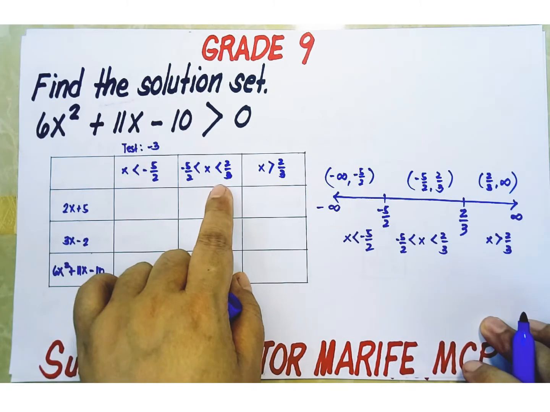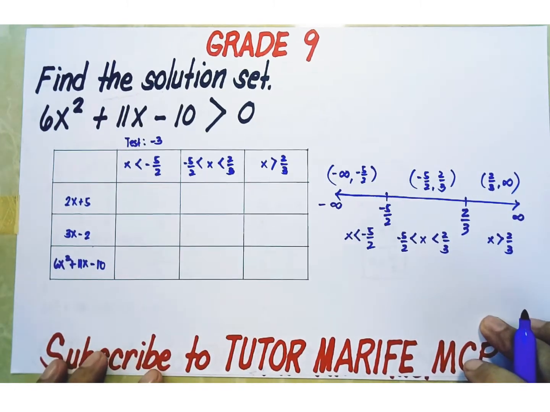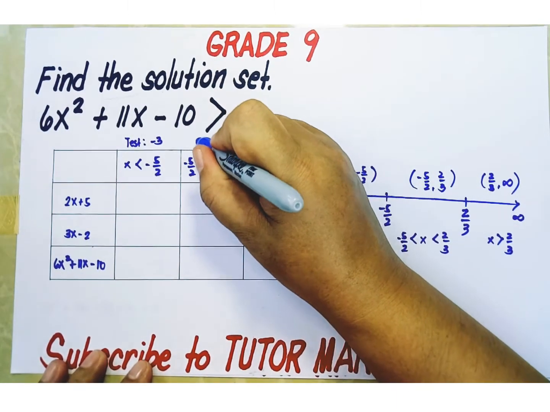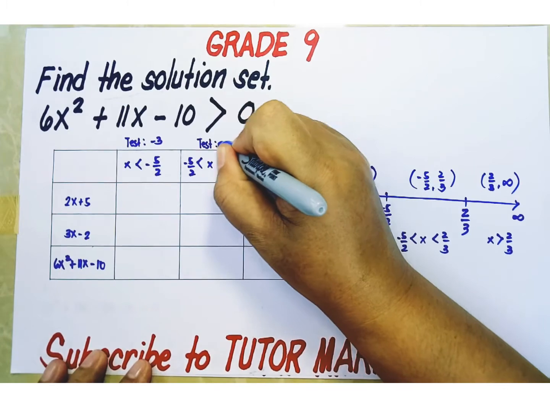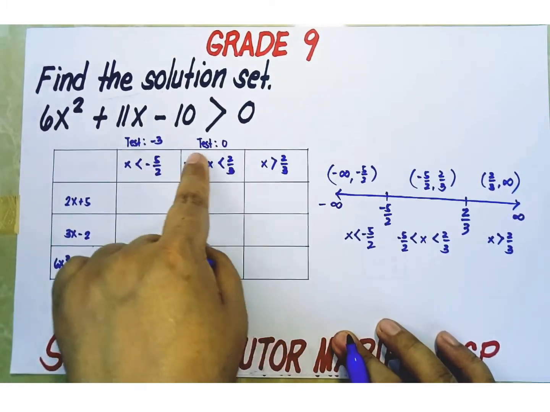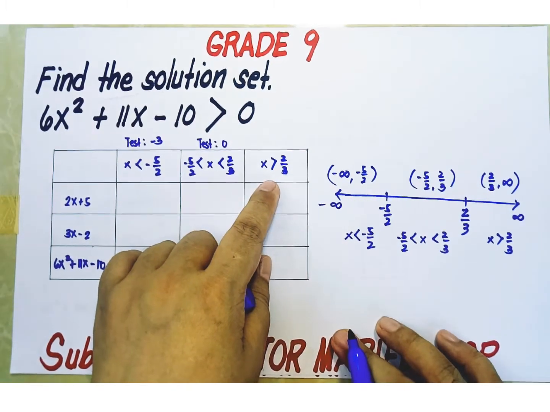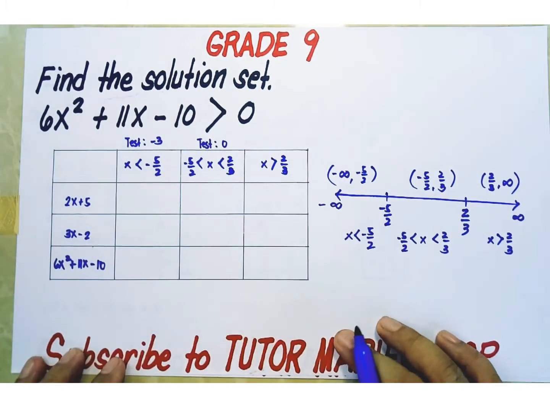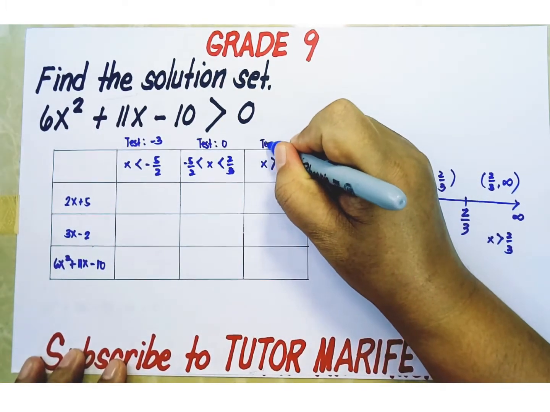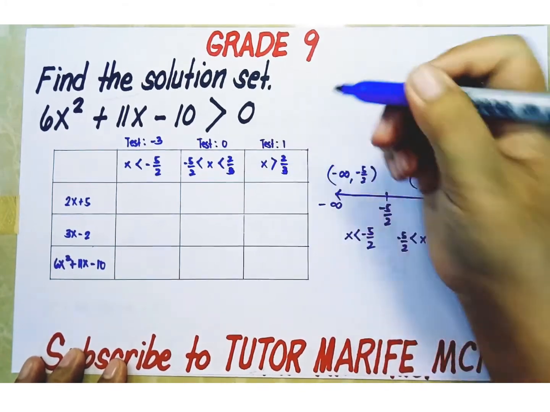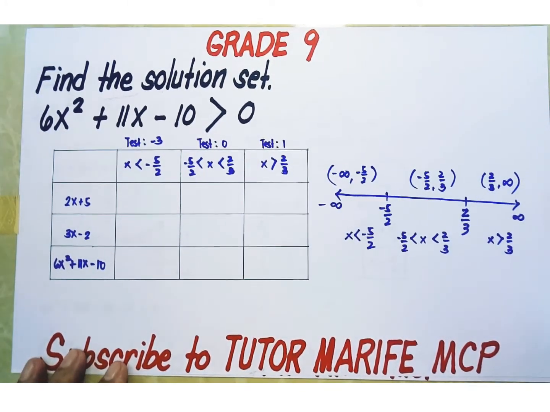For the second interval, x greater than negative 5 halves but less than 2/3, I can choose 0 as my test number. 0 satisfies this interval. And for the last interval, x is greater than 2/3, I can test 1. 1 is greater than 2/3.